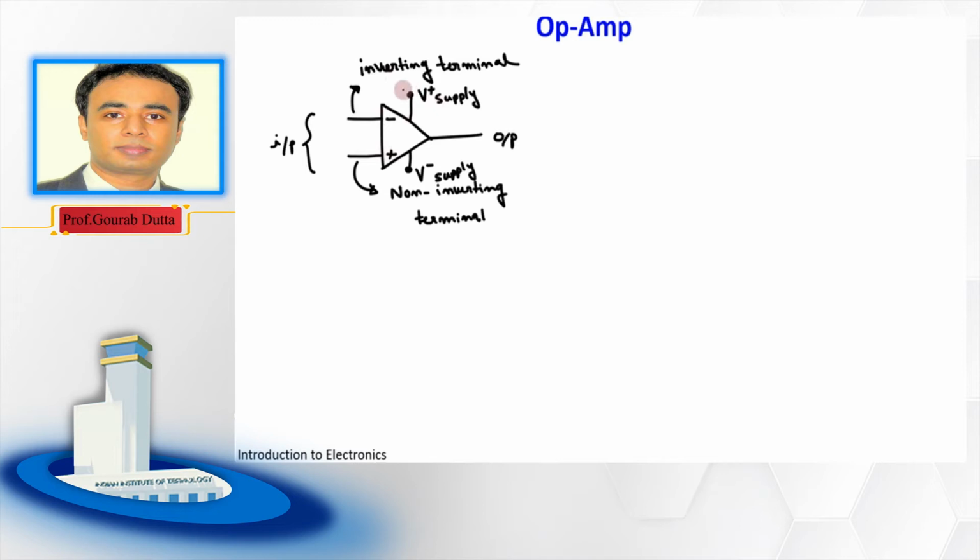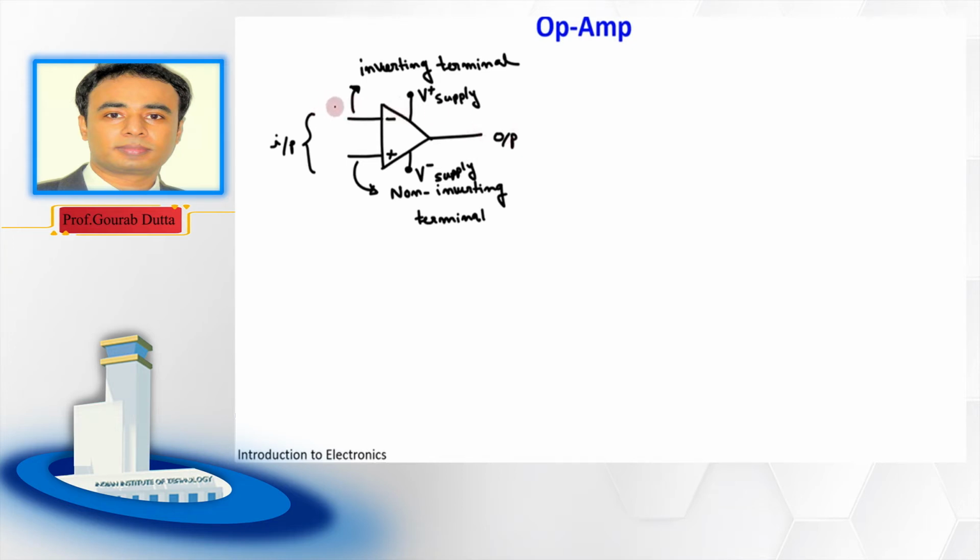If this non-inverting terminal is grounded and you apply any signal at the inverting terminal, then at the output you can expect the amplified version of this input, but with a 180-degree shift compared to the input signal.